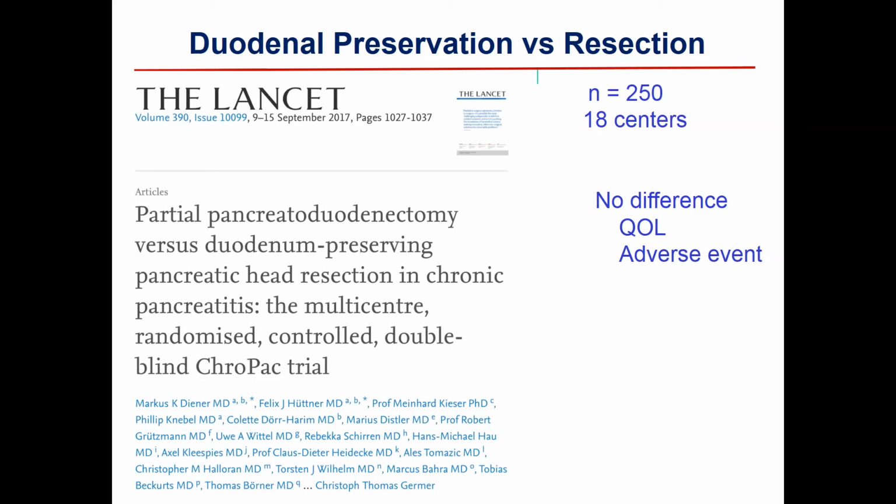So at the end, any one of these techniques can be tailored to the patient to deliver relatively similar results, depending upon what you find, how much extra pancreatic disease they have, and where the disease is within the pancreas.